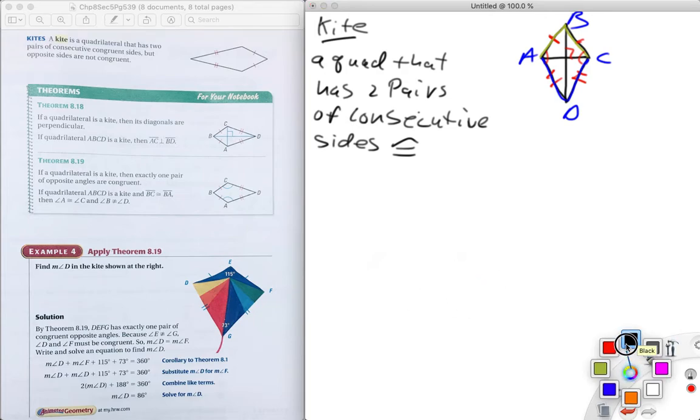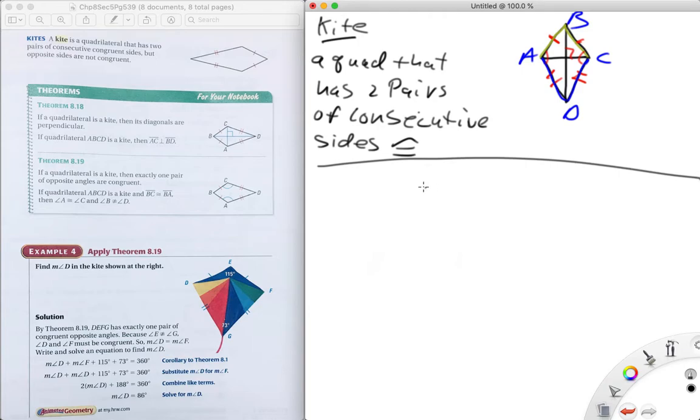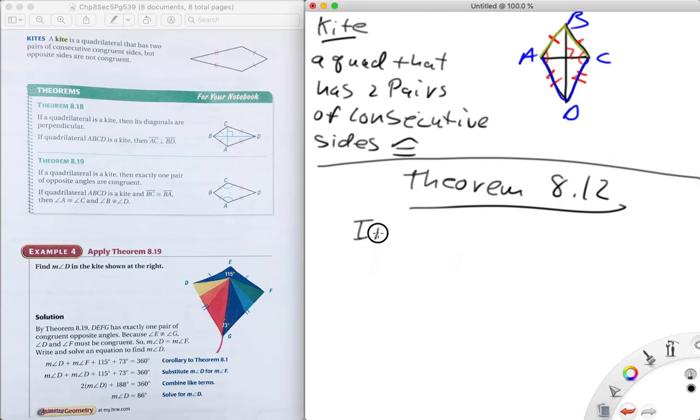All right, that leads us to theorem 8.18. And theorem 8.18 says that if a quadrilateral is a kite, then the diagonals are perpendicular.